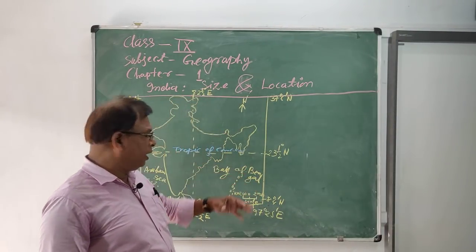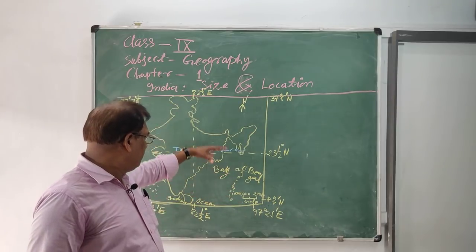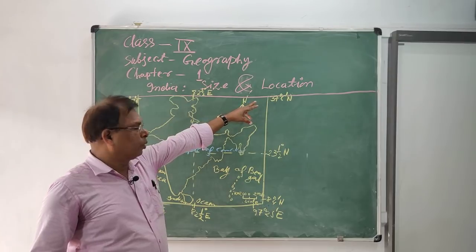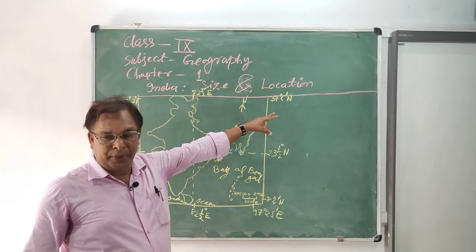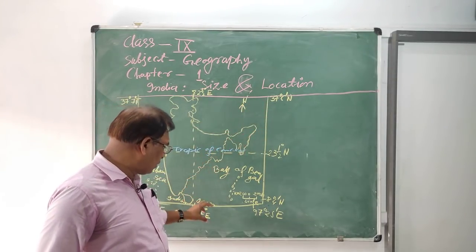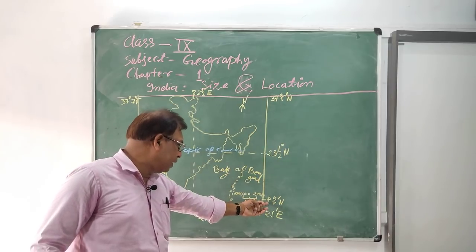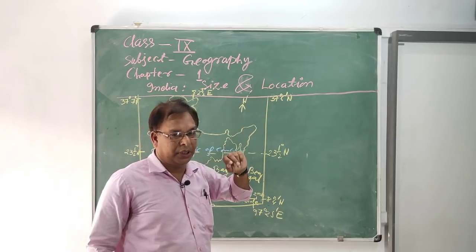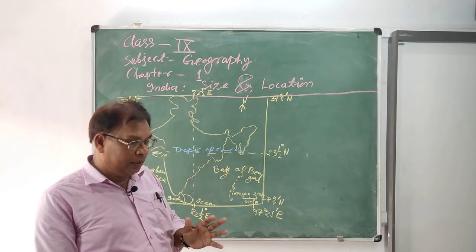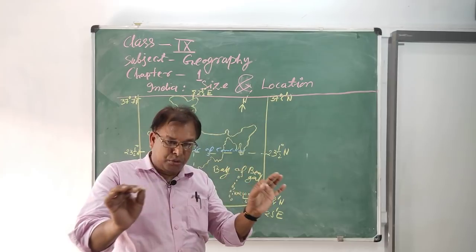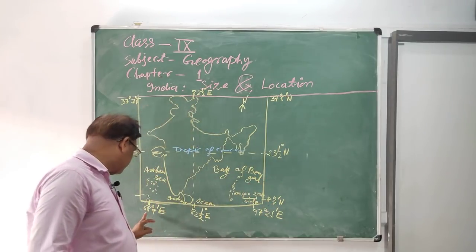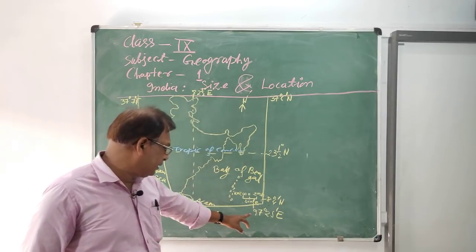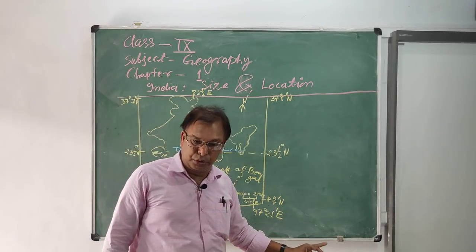So, in this part you learn mainly the location of India. India is located between 8 degree 4 minute north latitude and 37 degree 6 minute north latitude, and the longitudinal extent of India is 68 degree 7 minute east longitude to 97 degree 25 minute east longitude.